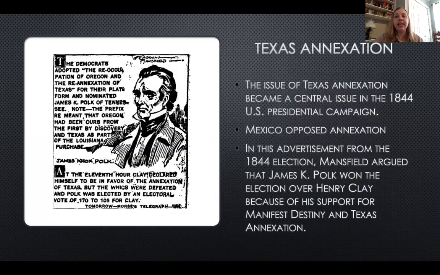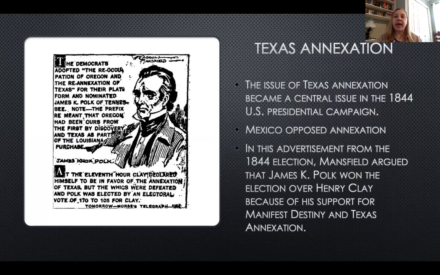Now, Mexico is against annexation, but the issue of Texas annexation becomes a major issue in the 1844 US presidential campaign. So here is where these intermestic or sort of domestic policy concerns that affect foreign policy begin to come into play.